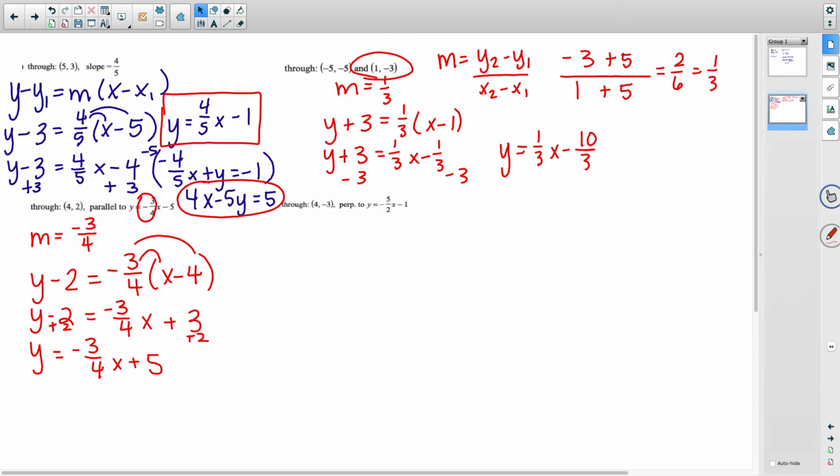All right, and the last one is perpendicular. So if it's perpendicular, you're going to take your slope, change the sign, and flip it over. So we're going to take negative 5 over 2, and the perpendicular slope is going to be positive 2 over 5. Change the sign and flip. Plugging it into point slope form.